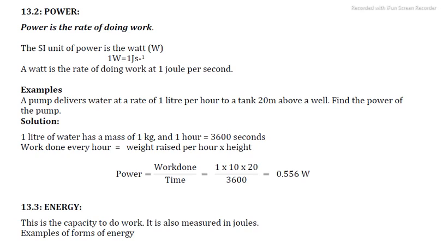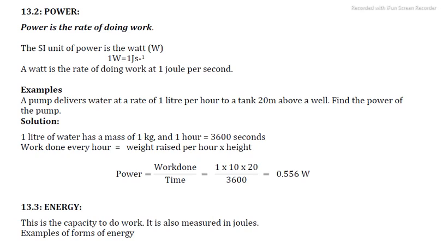So if 1 liter is equivalent to 1,000 cubic centimeters, and we know the density of water, which is 1000 kilograms per meter cubed or 1 gram per cubic centimeter, then using the volume and the density, we can get the mass, and that mass is 1 kilogram.